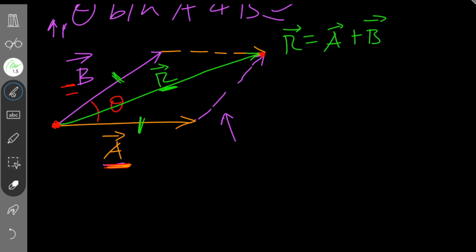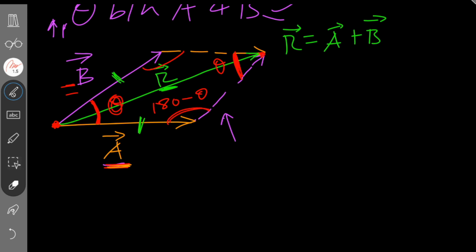From this figure, the angle between A and B, theta, is given. Its opposite angle is also theta, by the parallelogram law. The other angle becomes 180 degrees minus theta, and this also equals this one.